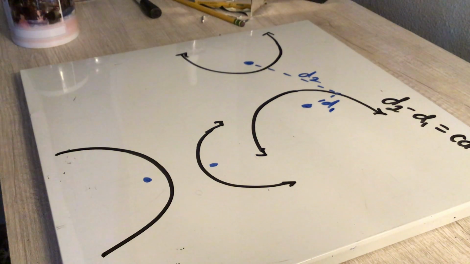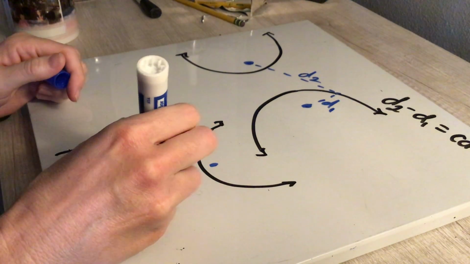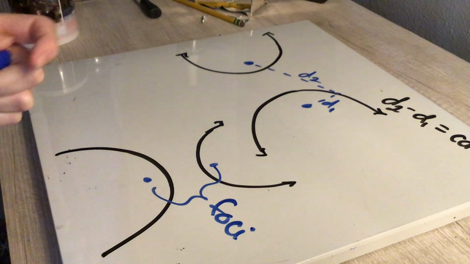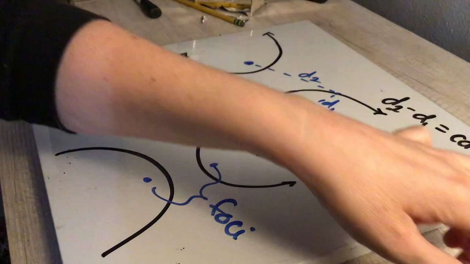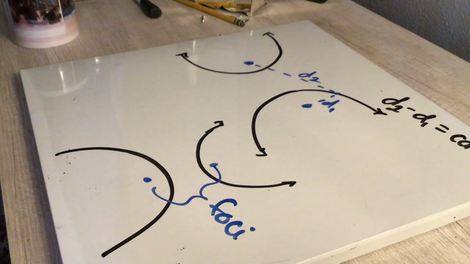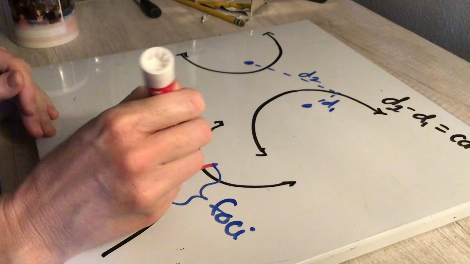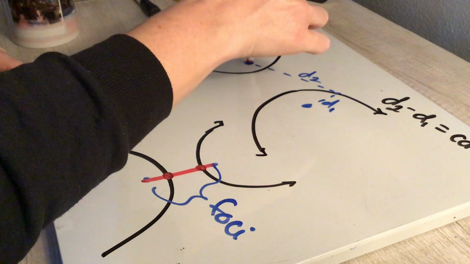So you have your foci, and they're inside the branches of the hyperbola. The line that goes through the two foci is also going to intersect your hyperbola in two points. Where it intersects the hyperbola are called the vertices. So you have a vertex on each branch.